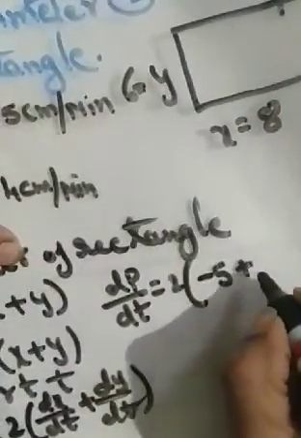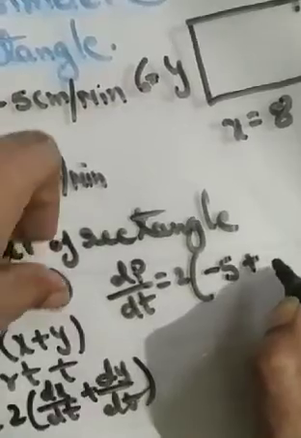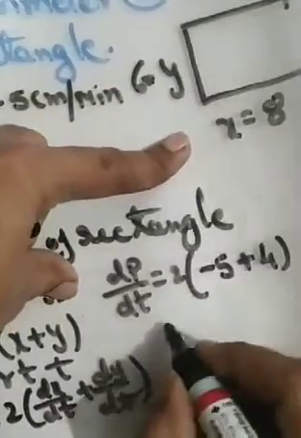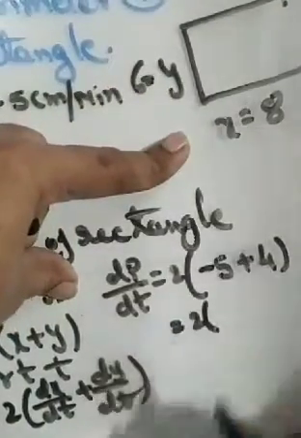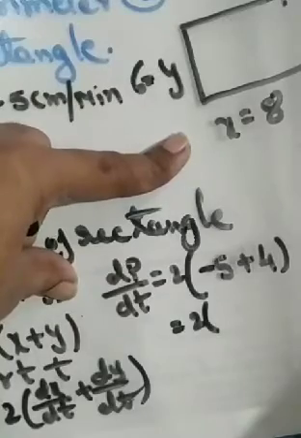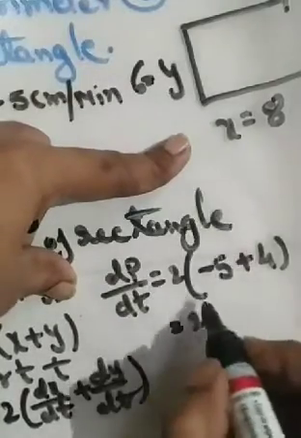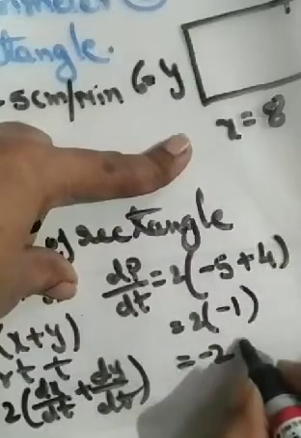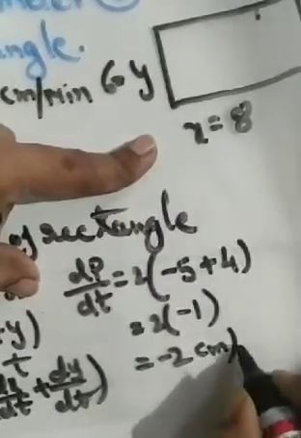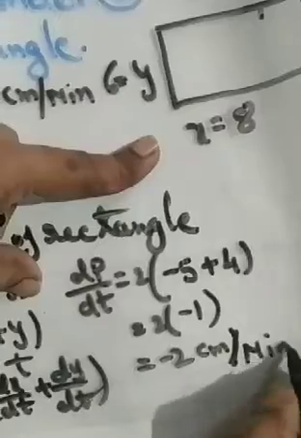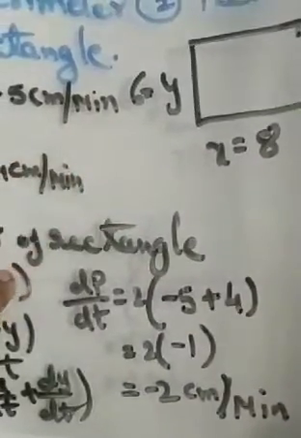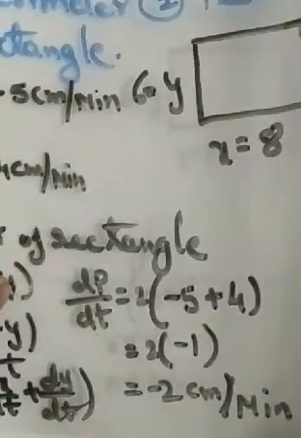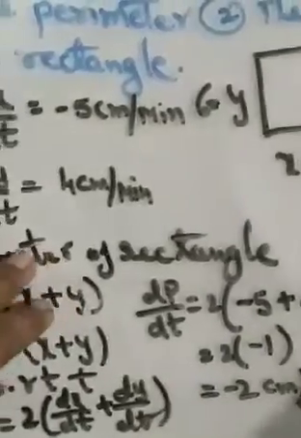Minus 5. What is dy by dt? 4, which is equal to 2 into minus 1, which is equal to minus 2 centimeter per minute. It means that the perimeter is decreasing. Negative shows that it is decreasing.